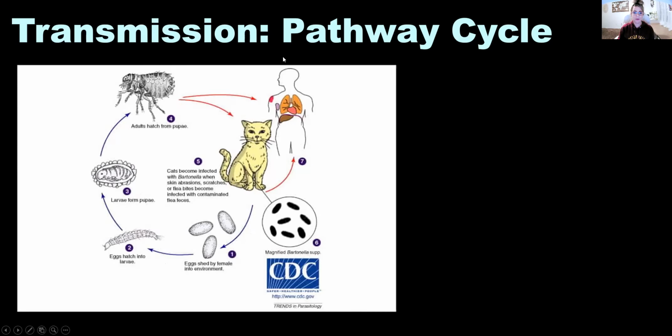And then a human will play with their cat or kitten, and either their skin will break via being bitten or scratched, or saliva will be transferred onto the human, and that is how they will contract cat scratch disease. And we will go a little bit more in depth with that next.